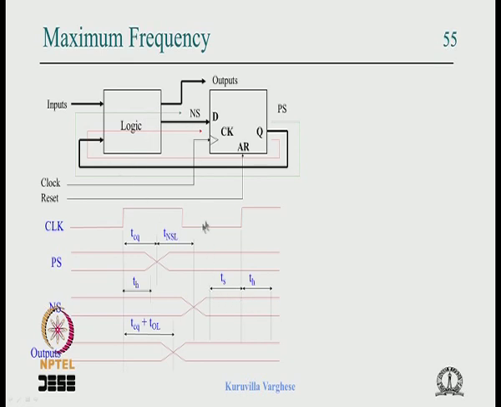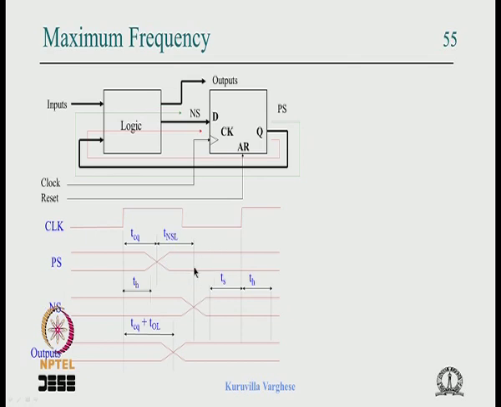So the clock period from this edge to the next edge should accommodate the TCQ plus TNSL, the propagation delay for the next state logic, and the setup time. So the clock period should be greater than the sum of TCQ, TNSL and TS, and of course we give a margin. Even if we take the maximum values, it is better to give a margin, because there are so many changes, the temperature and the power supply voltage can change, and the timing can change.